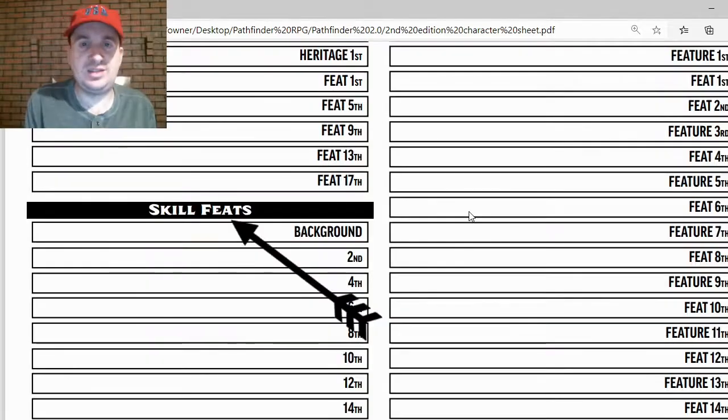Skill feats expand on what your character can do with skills. For example, if you have the battle medicine feat, then you can use the medicine skill during combat, but only once per combat. Another example is the intimidating glare feat, which means that you can intimidate people even if they don't understand your language.